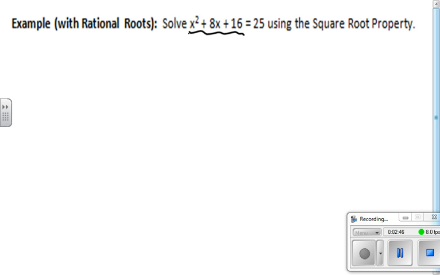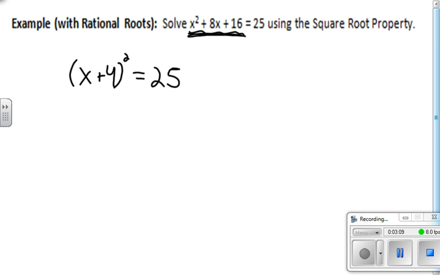So when we factor x^2 + 8x + 16, that's going to become (x + 4)(x + 4). So we could just call that (x + 4)^2. And we have that it still equals 25.